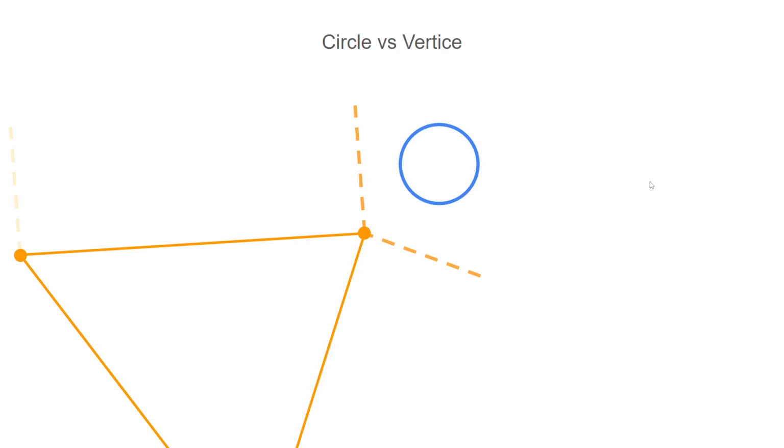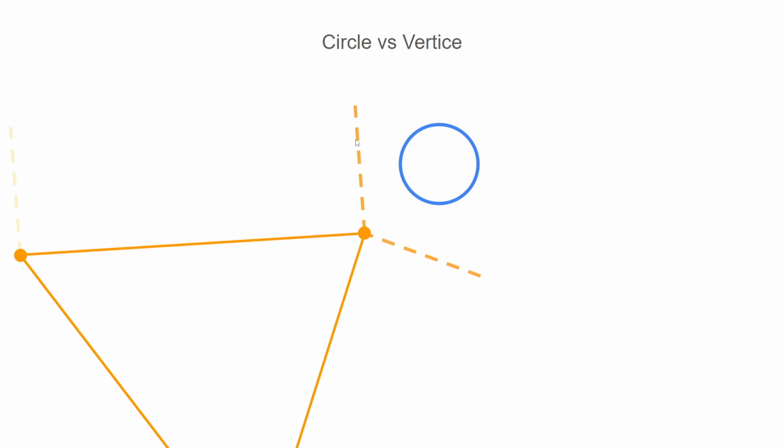So the first case, let's say, is the circle versus vertice or the polygon corner, like this one, right? And you can see there are dotted lines, and that means there are areas, like places where we need to check for the corners of a polygon or the edges. In this case, we need to check the circle against the vertice of the polygon.